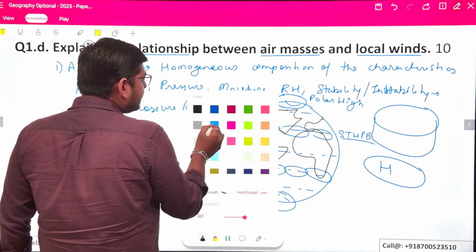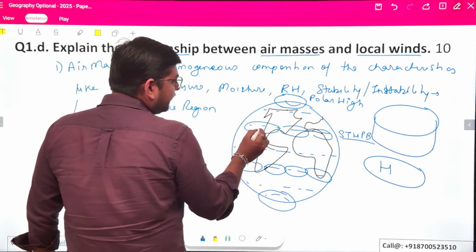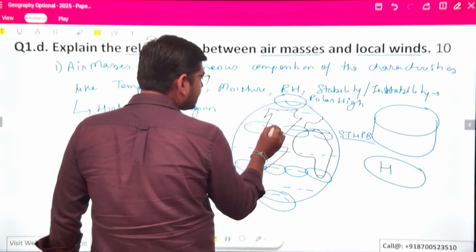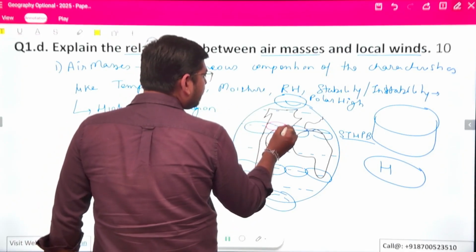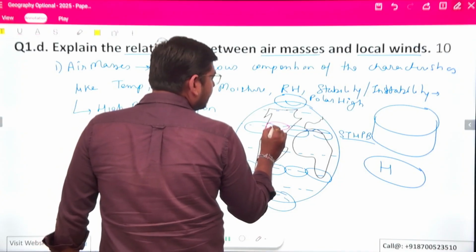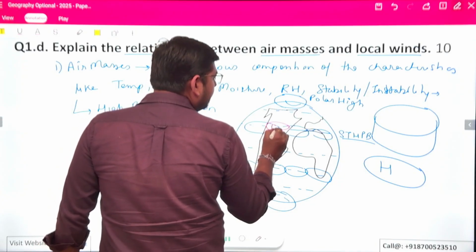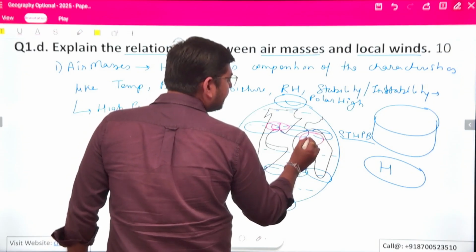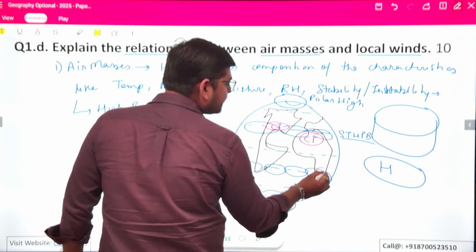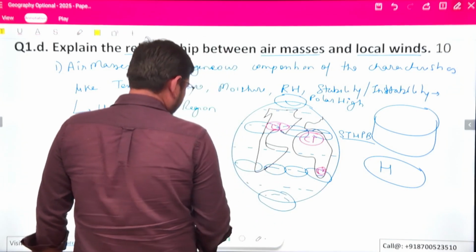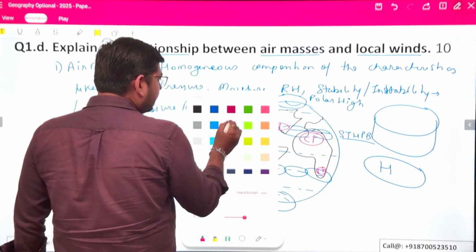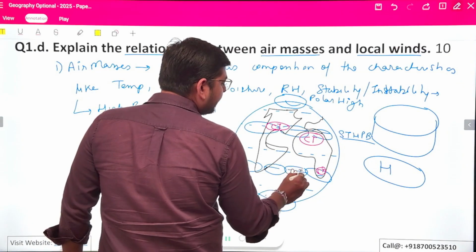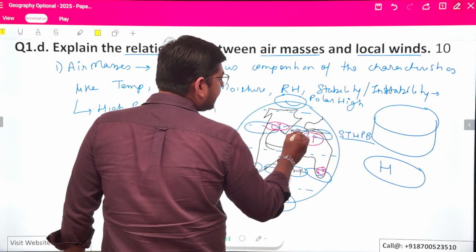In the regions where I have the presence of land, there will be development of continental tropical air masses. So in this region also we'll see continental tropical air mass, while over the sea regions we'll see maritime tropical. Here also we'll see the presence of maritime tropical.